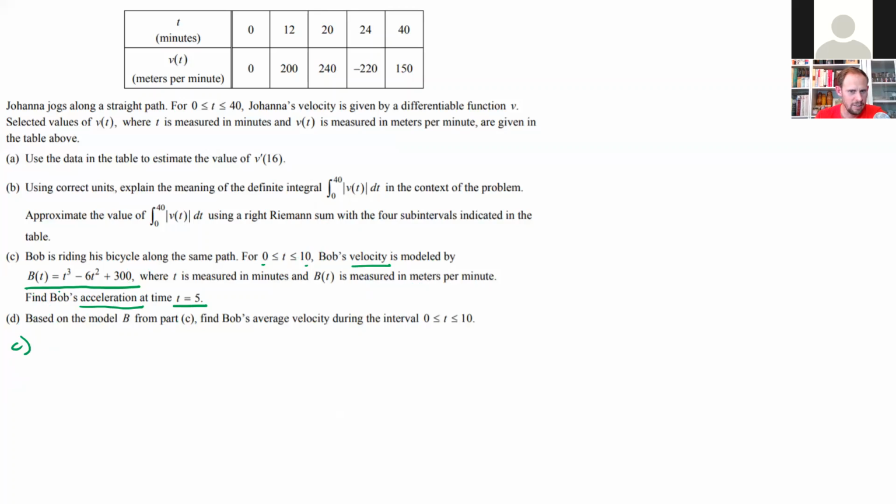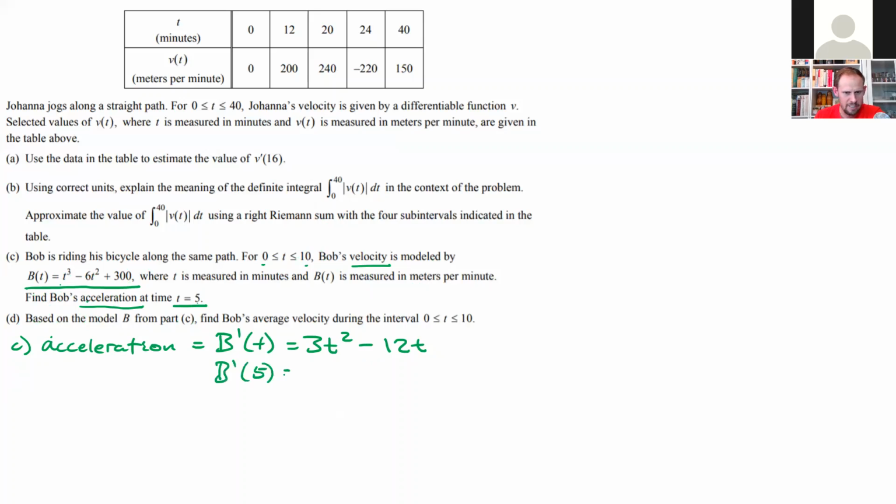All right, well, if this is velocity and we want acceleration, we take the derivative. So acceleration would be b prime of t. This should be a very easy derivative. So we're just bringing down the 3. So 3t squared minus, bring down the 2, we get 12t to the first. Derivative of 300 is 0. There's our derivative. So that's our acceleration. And then we plug in 5.